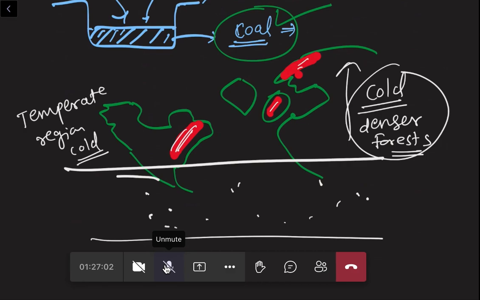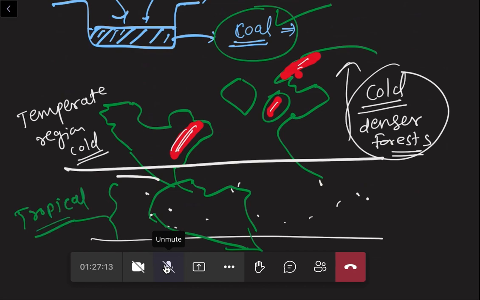Wegener said, no, it's not like that. He said, America was earlier here in the tropical region, and at that time it had huge forests over the Americas, and these huge forests later converted into coal, and America drifted towards the temperate region.